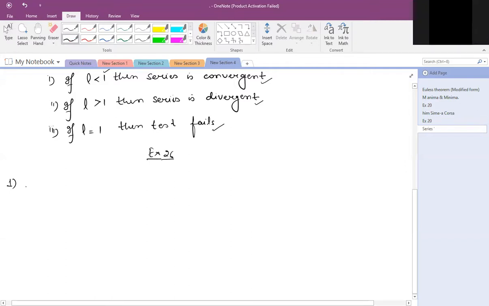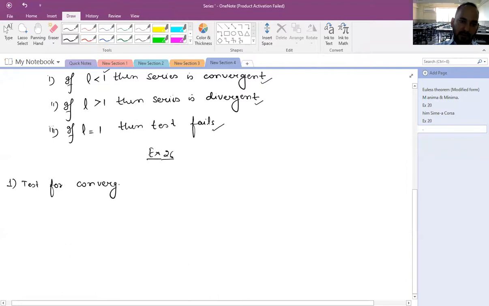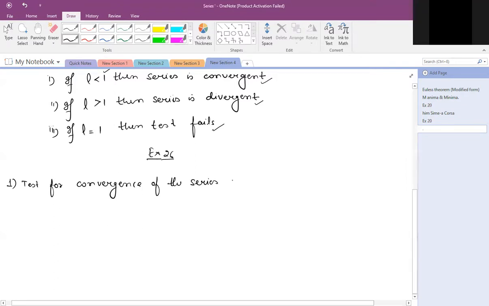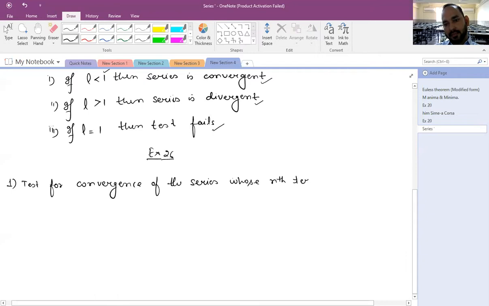Test for convergence of the series whose nth term is n square upon 2 raised to n.